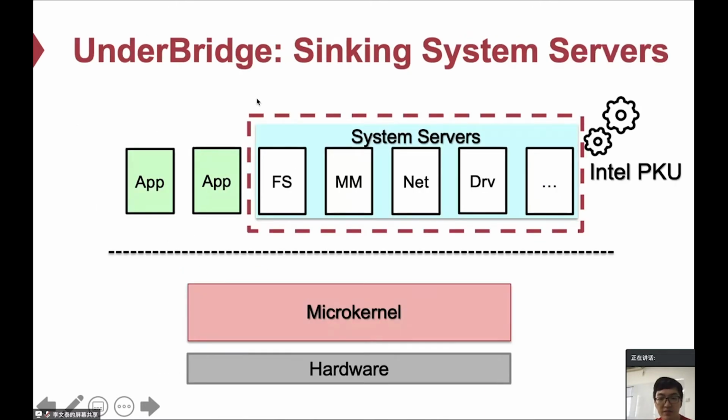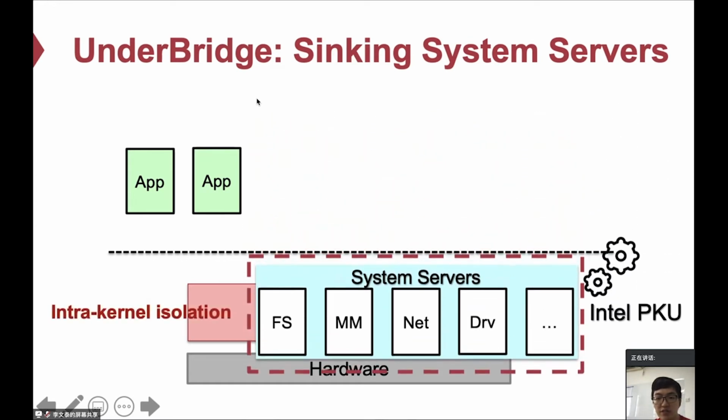Based on this observation, we propose the final design named UnderBridge, which leverages the PKU hardware feature to achieve intra-kernel isolation and sinks the system servers into the kernel space while maintaining their well-defined IPC interfaces.